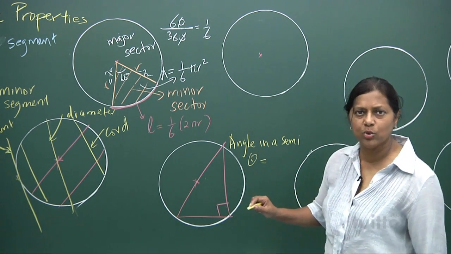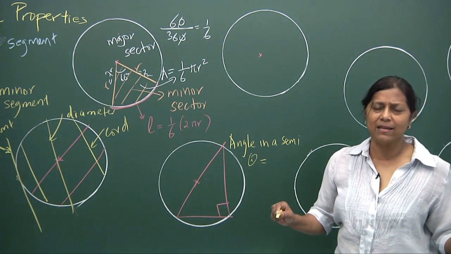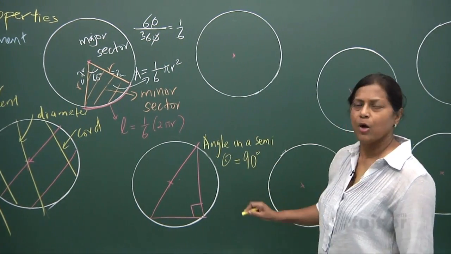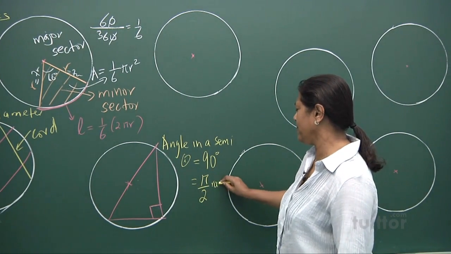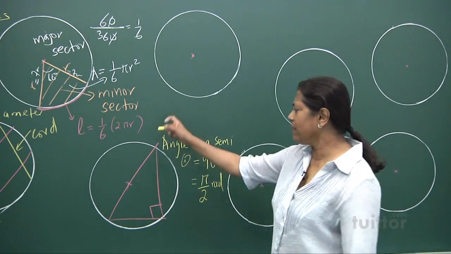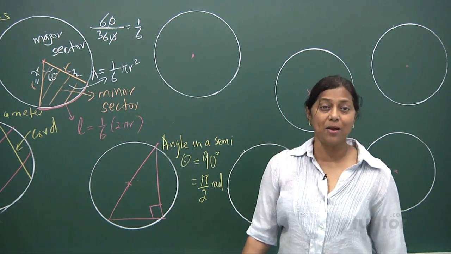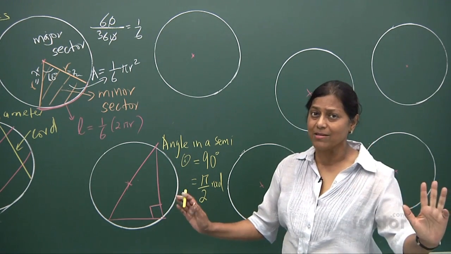Pi over 2. Pi is 180, divided by 2. That would be in radian. But if it's in degrees, it is 90 degrees. Or you can put it as pi over 2 radian. Got it? So angle in a semicircle is always equal to 180 divided by 2, 90 degrees.